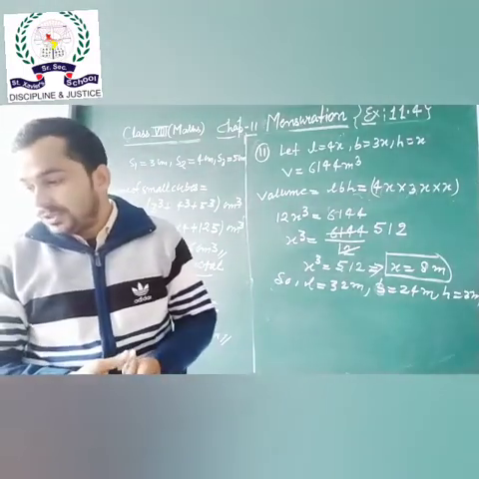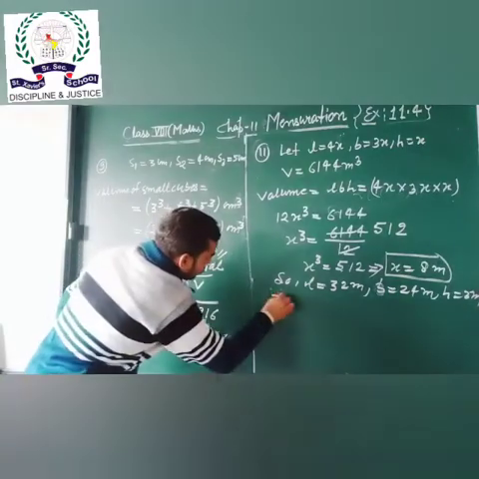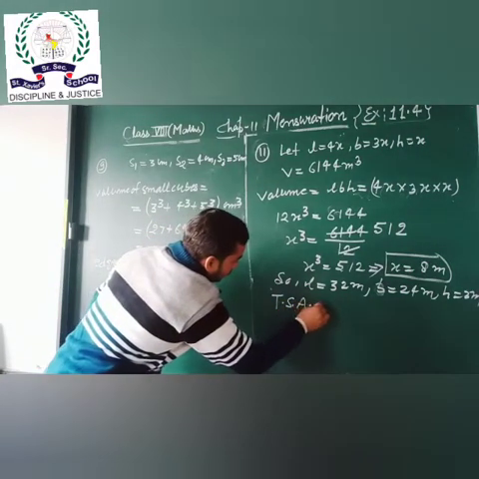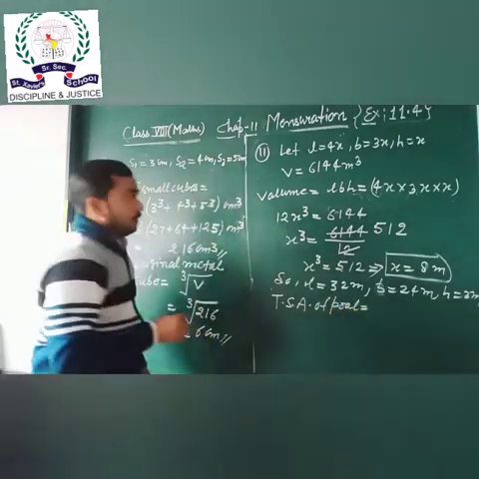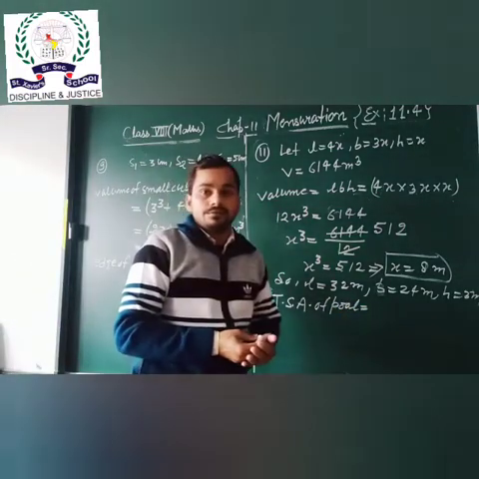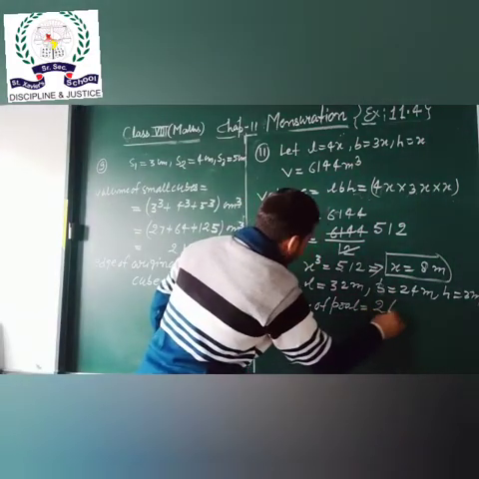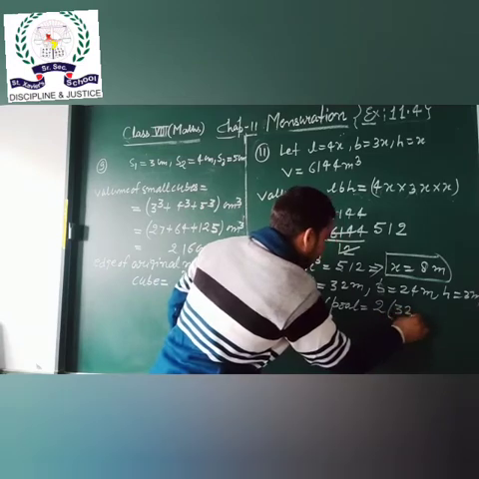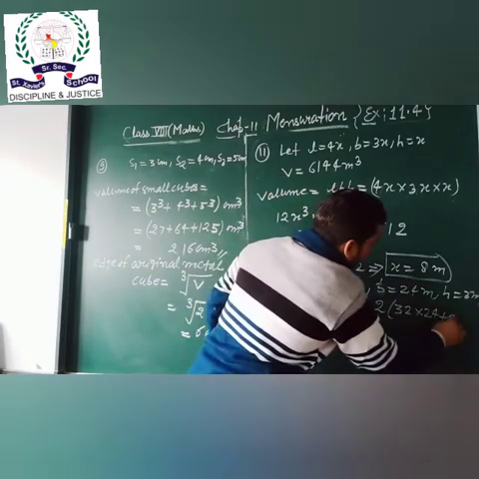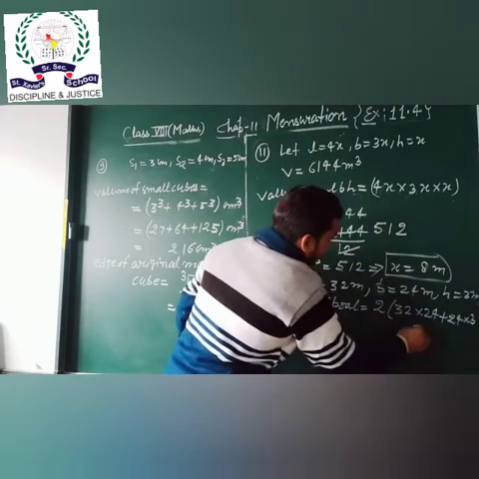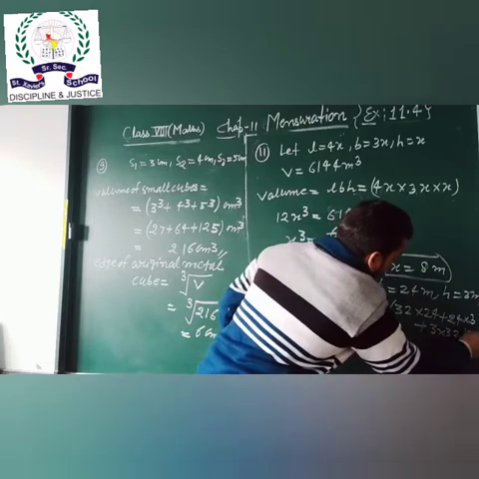Then find the TSA of the pool, the total surface area of the pool. The pool is in the form of a cuboid, so apply the formula of TSA of cuboid. So 2 bracket LB, L is 32 into 24, plus BH, 24 into 3, plus HL, 3 into 32 meter square.